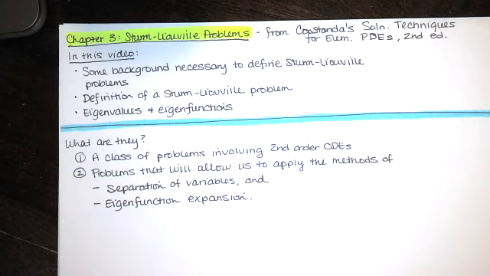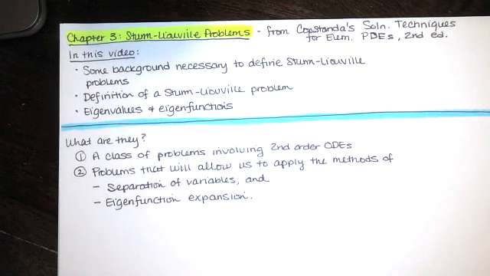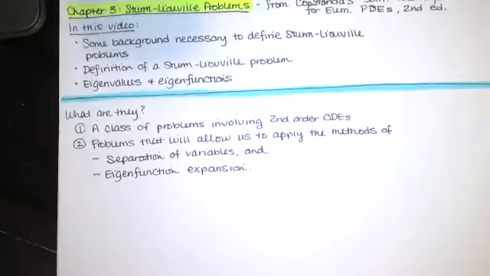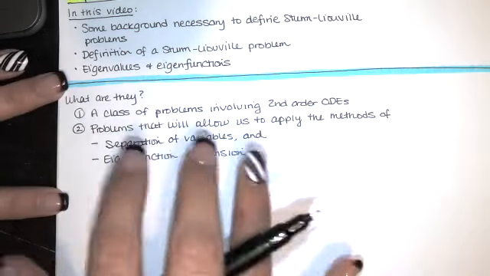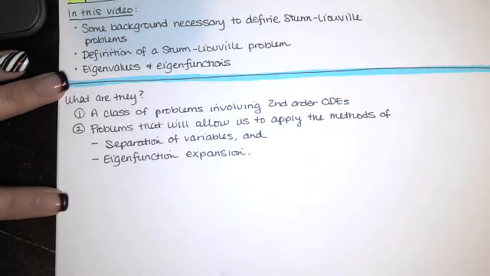And those are very important in solving partial differential equations. And those partial differential equations are very important in applications, especially physics. You see a lot of partial differential equations in physics. So that's what we're about to do: solve these second order ODEs.